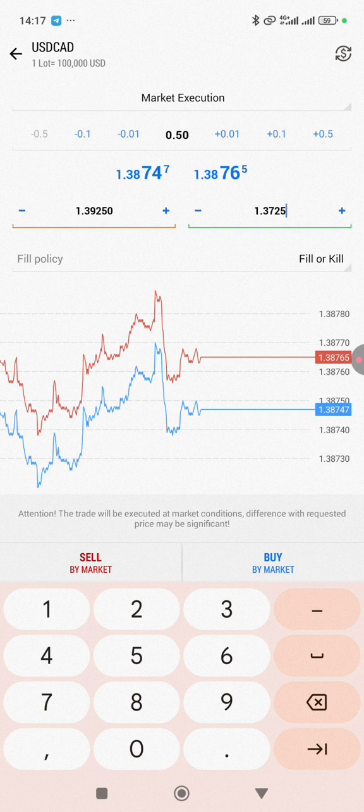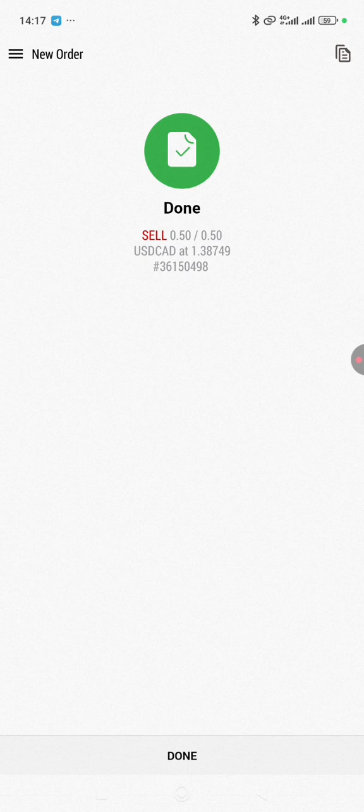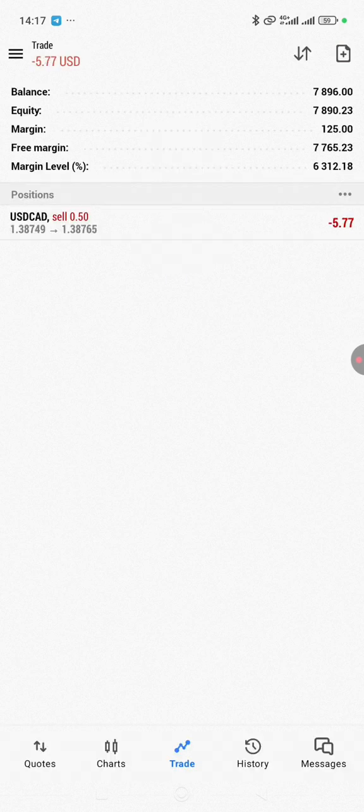So you are saying sell at 1.3874, then buy back for me at 1.3725. That means I'll be making some good profit from there. This is a sell order, so all you need to do is click on the sell now button, and your order will be placed, and of course you'll now see the order running in the back end.